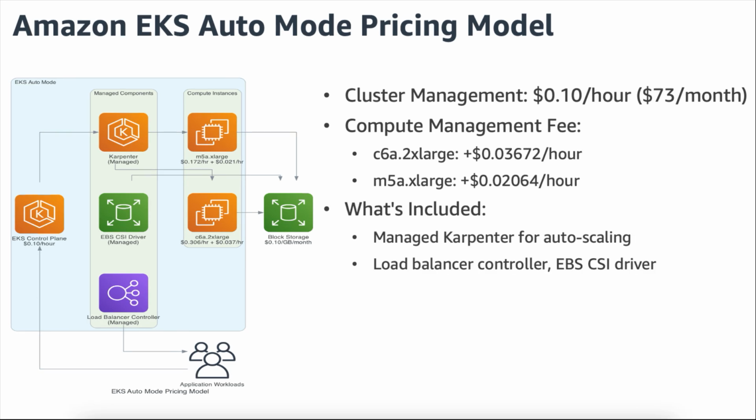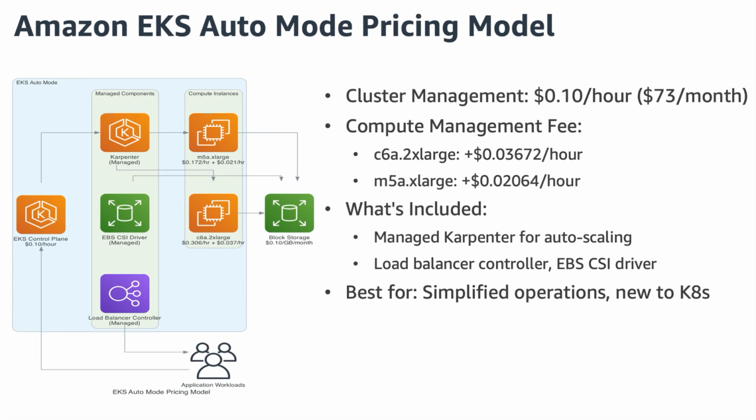What you get for this additional cost is significant. Auto Mode includes managed Karpenter for intelligent auto scaling, the AWS Load Balancer Controller, EBS CSI driver, and integrated storage and networking management. All of these components are automatically configured, updated, and maintained by AWS.